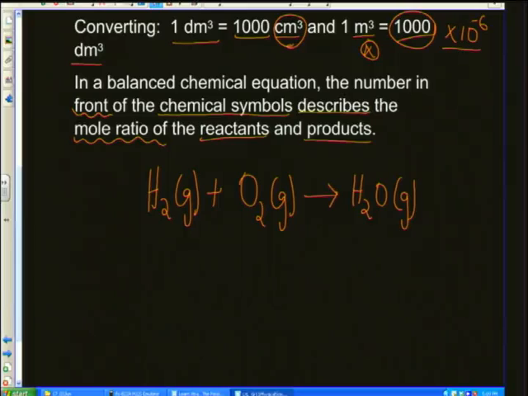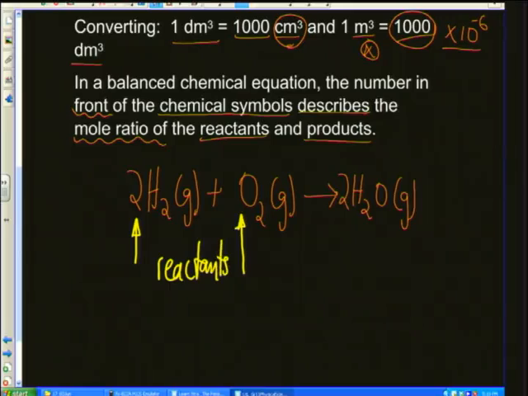If I balance this equation, I'll put a 2 there, and that's a 4, so I will therefore have a 2 here. What we are talking about is this: these numbers are the ratios in which the reactants here are combining to give us the products here.